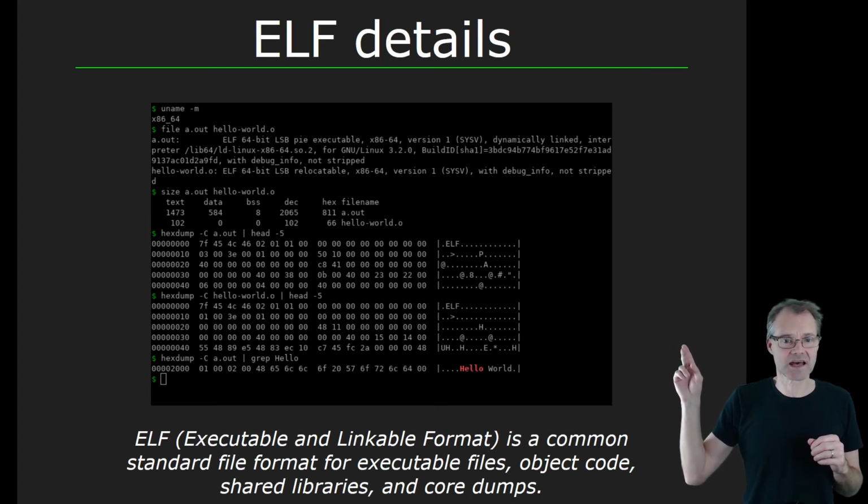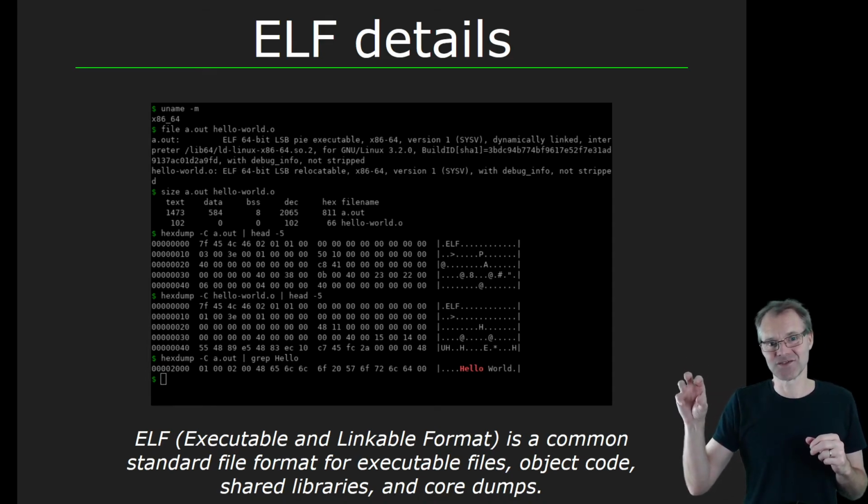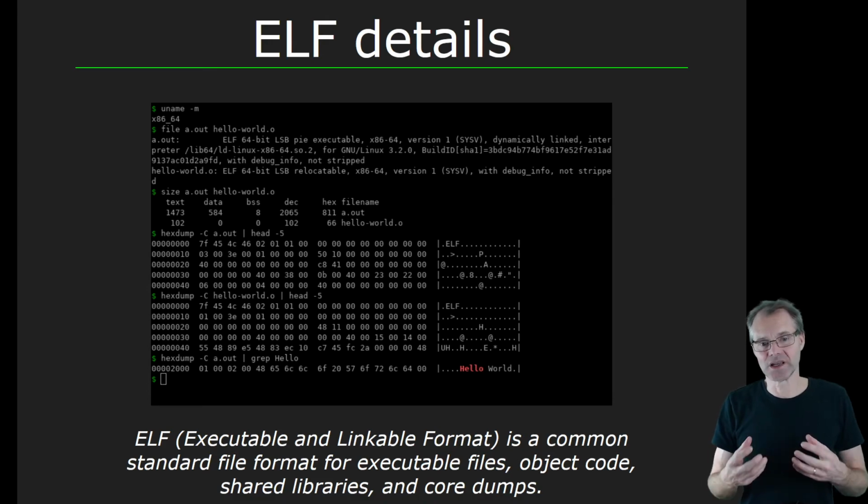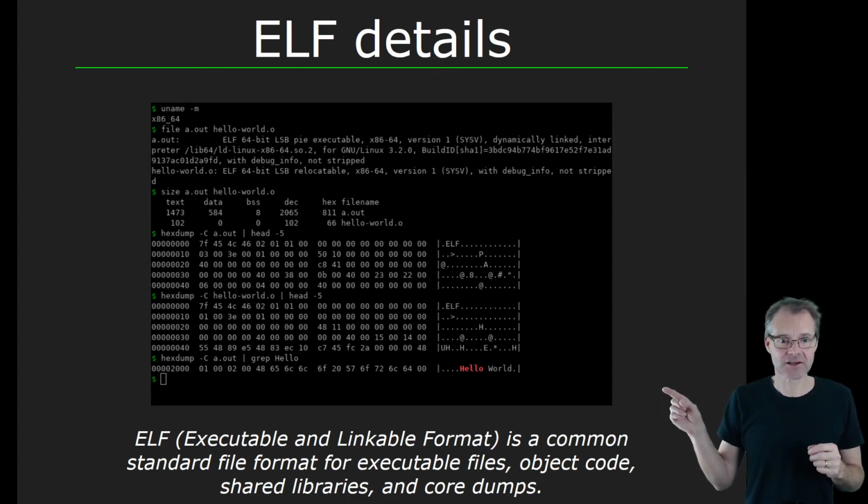Then I'm doing a hex dump for both a.out and hello world, and I'm seeing that both files start with .ELF. So it's starting with the same signature, and that signature is specific, saying this is an ELF file. Many files have this type of signature, allowing the system to know what type of file it is. And in the last hex dump, I'm just dumping the a.out file. I'm grepping for the hello string, and I'm finding the hello string there.